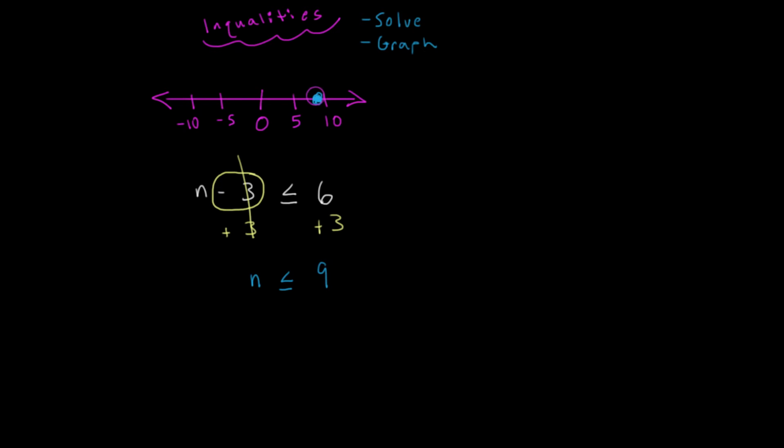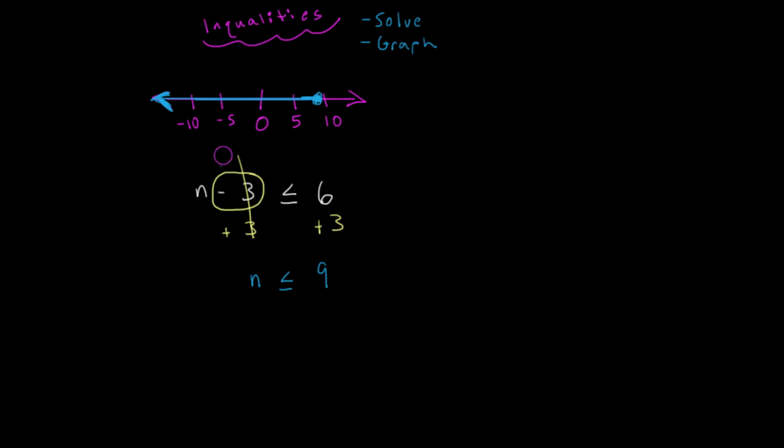And I'm going to ask myself, in which direction are the values that are less than 9? Well, that's to the left of 9, so my arrow should move out to the left. And I actually want to make sure that I connect this arrow with my circle. Okay, so now I'm going to carry this all the way out and shade in my arrow.